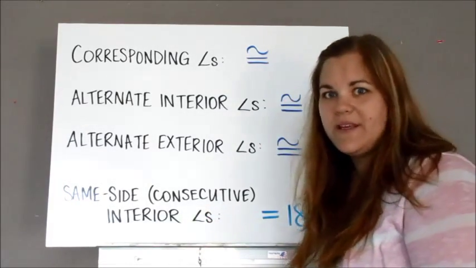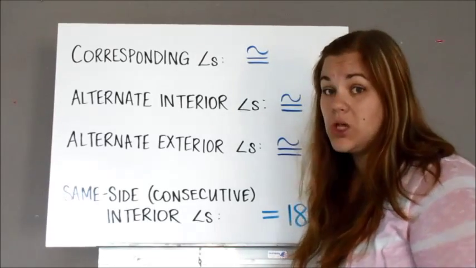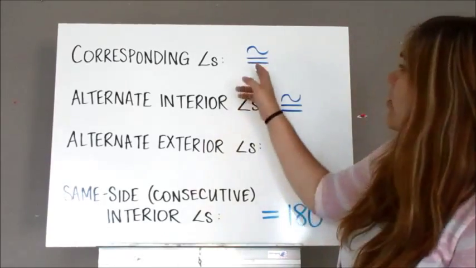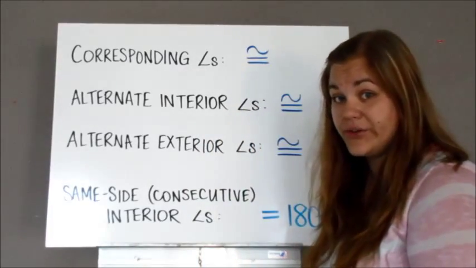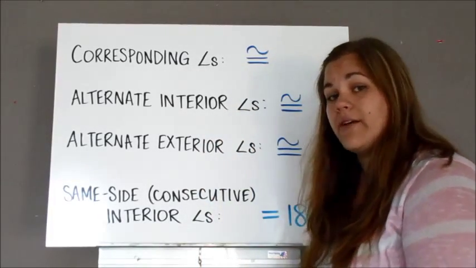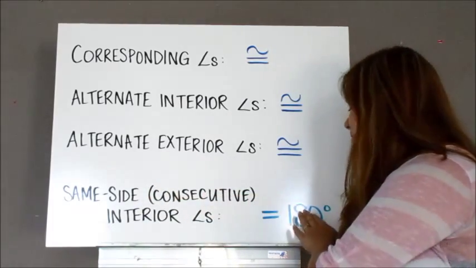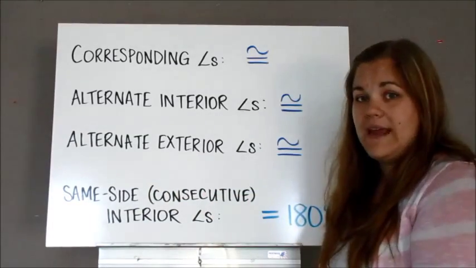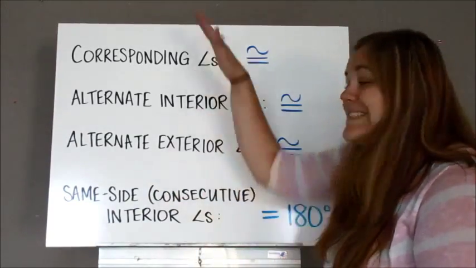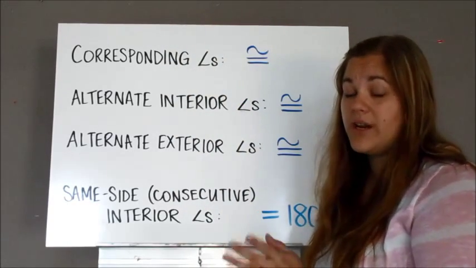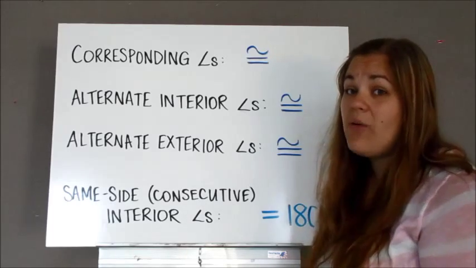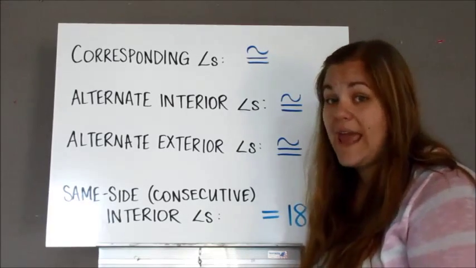Most of them are going to be congruent, and normally you can just look at them and tell. Corresponding angles are congruent, alternate interior angles are congruent, alternate exterior angles are congruent, and same side interior angles will add up to equal 180. They're supplementary. This is going to be more of what we're going to be doing further with these angles. We're still going to be identifying them, but now we're going to have to identify them based on angle measure.